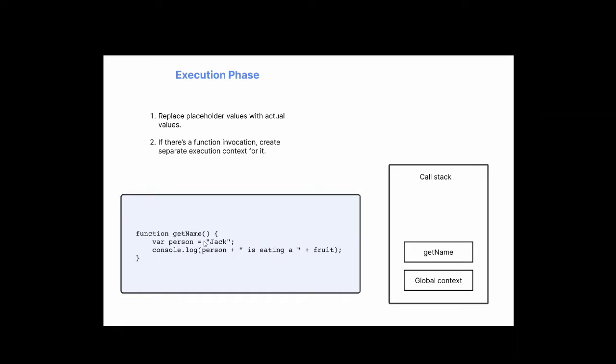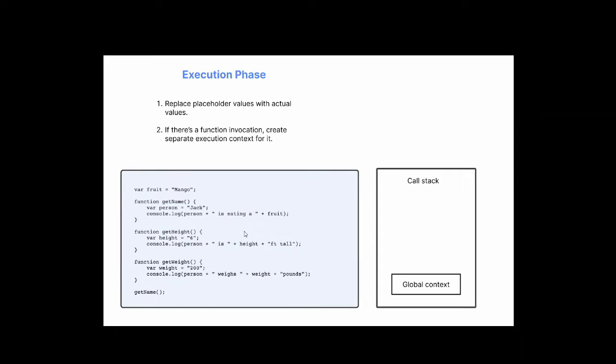Now it will replace the undefined value with its original value, which is Jack. It will then execute this console log. This fruit variable that you're seeing right here was present in the global scope, in the global execution context. Anything that's declared in the global scope will be accessible by the inner function scopes.